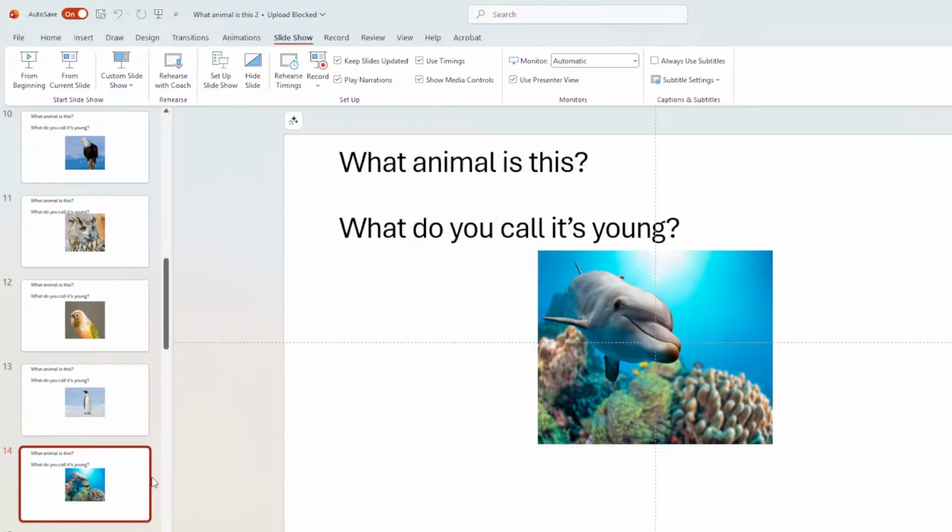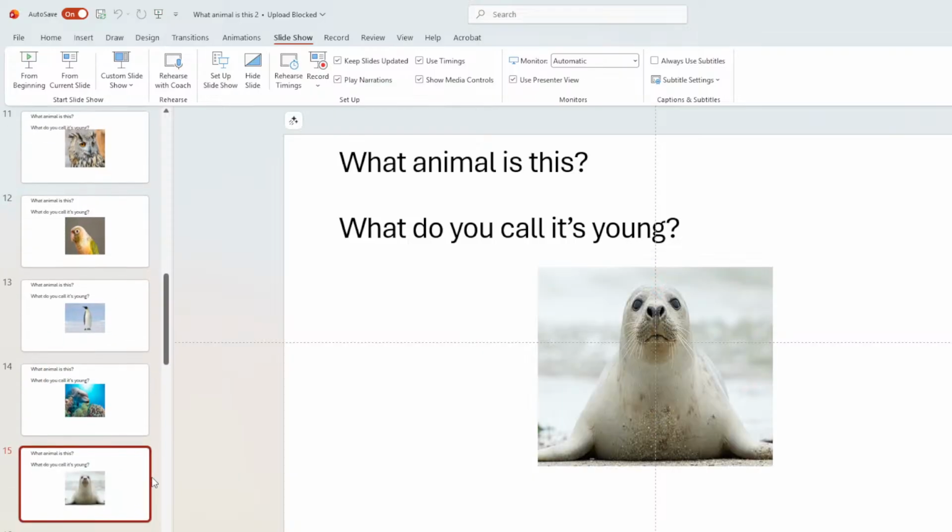The young one of a dolphin, apparently, it's a calf. It's known as a calf, like the young one of a cow is a calf. You know that calf spelling? That's the same as the young one of a dolphin, apparently. Apparently, the young one of a dolphin is also a calf. Wow. We are learning.